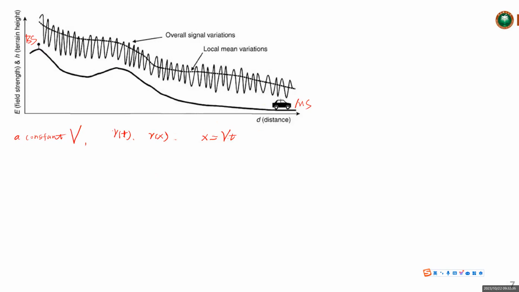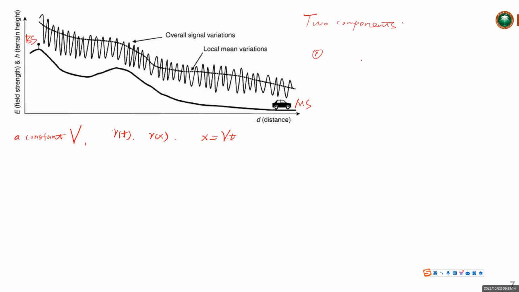But if it moves, for example, not with a constant speed, and it looks like this plot, we can see that this is the overall signal variation, and the received signal variation can be broken into two components, all right? The first component is, for example, the dashed line.